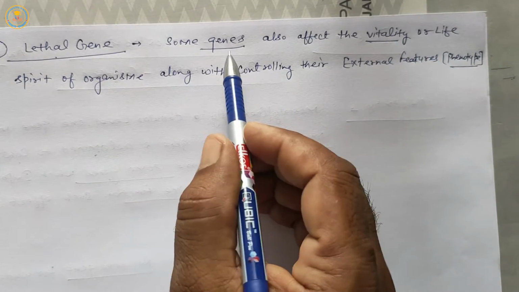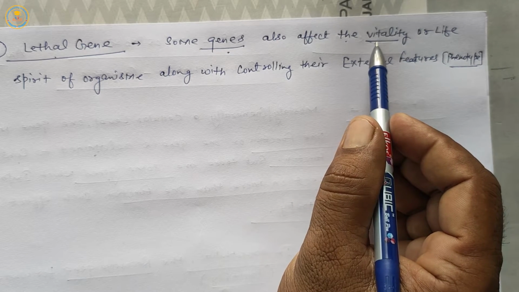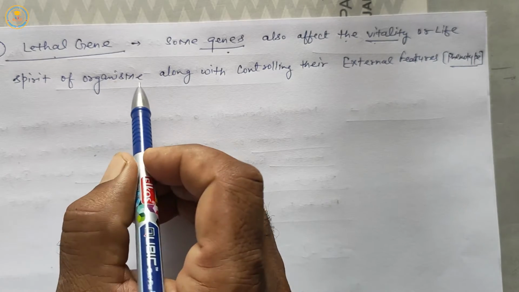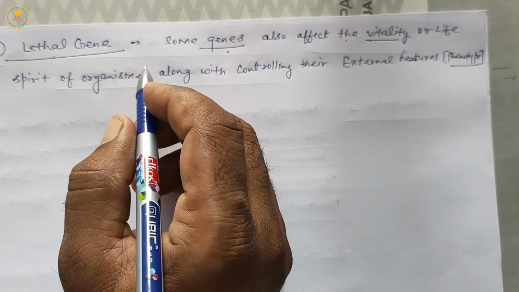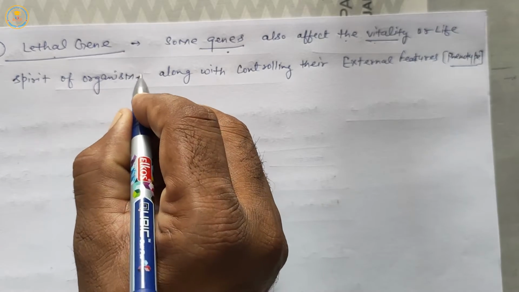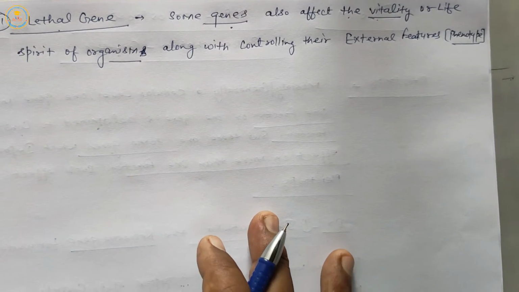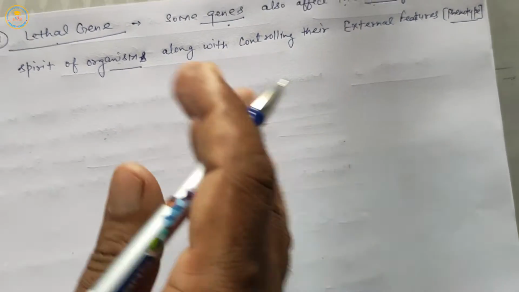So some genes also affect the vitality, meaning life span, of organisms along with controlling the external features, meaning phenotype.